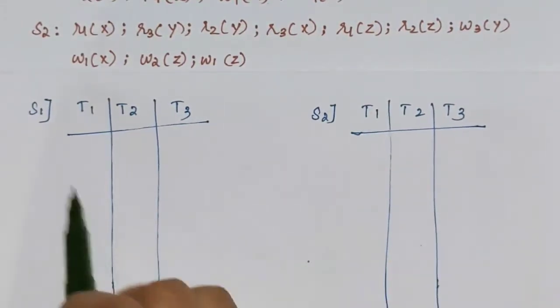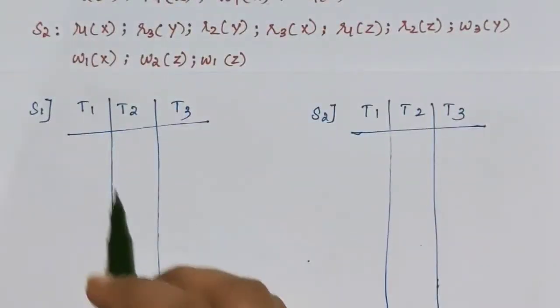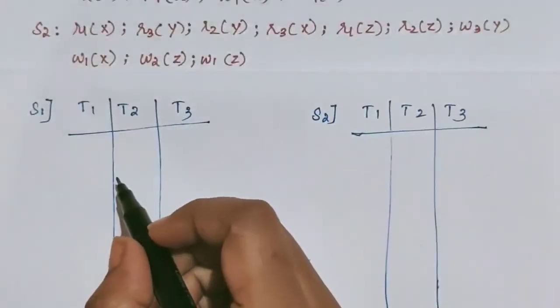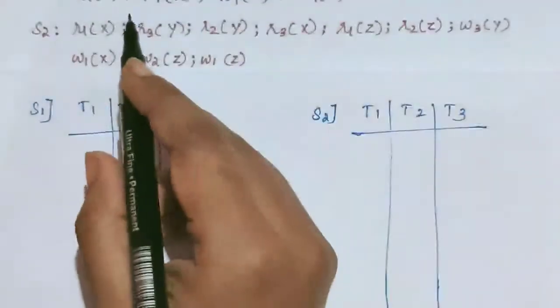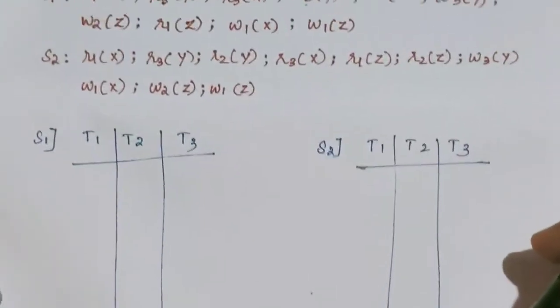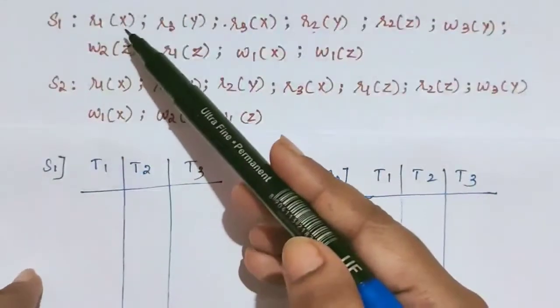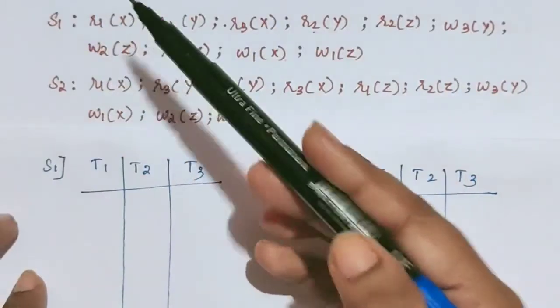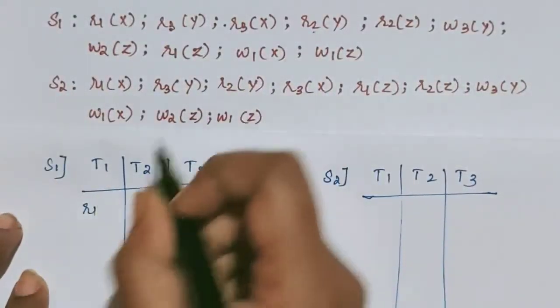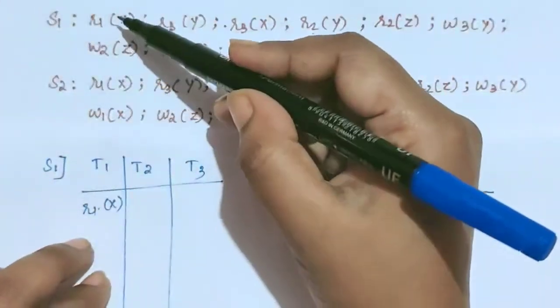So we have to make the transaction tables as the process says, okay. For schedule S1, it is R1 of X. R1 of X means read the variable X. So R1 of X, transaction 1, it will be under transaction 1, okay.